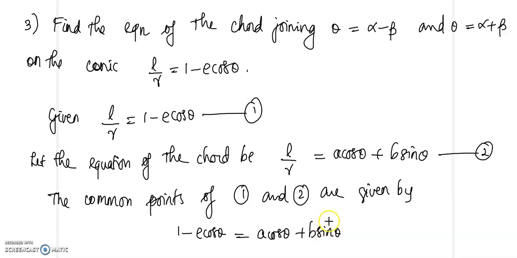And now we need to find the equation of the chord joining the points theta equal to alpha minus beta and theta equal to alpha plus beta. So let us substitute theta equal to alpha minus beta and alpha plus beta in this equation, so that will give us two equations.